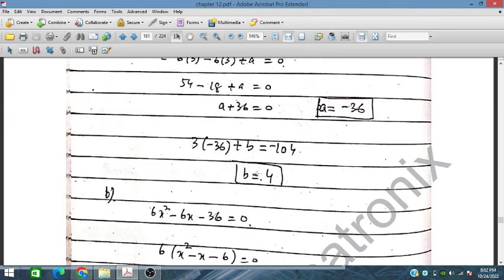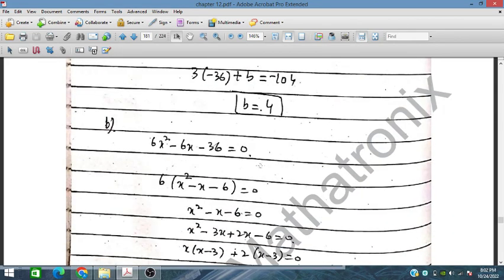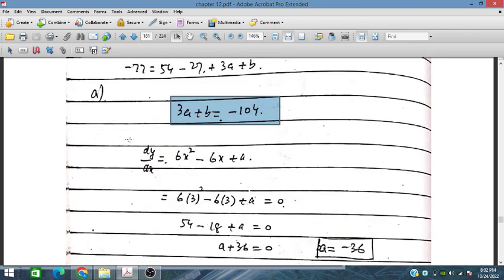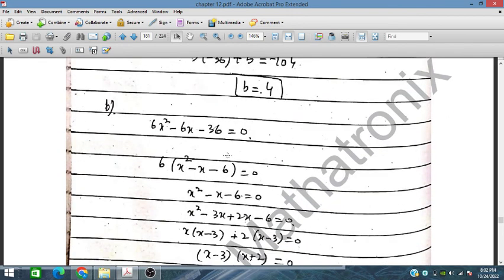And then part b. This is 6 x square. This is the differential, first order derivative. In place of a, we will place this value, minus 36 here. So minus 36, we take out the 6 common, so x square minus x minus 6 is equal to 0.